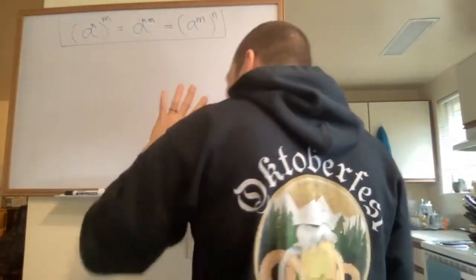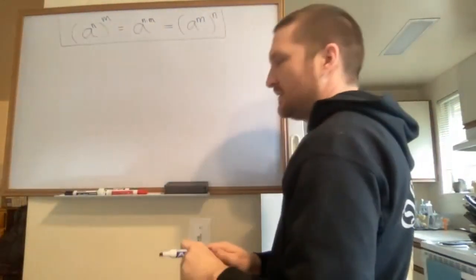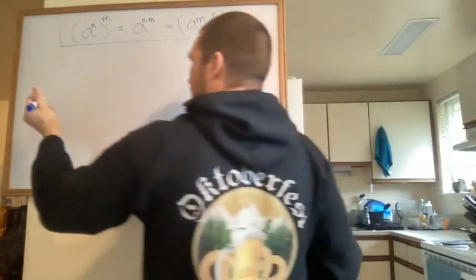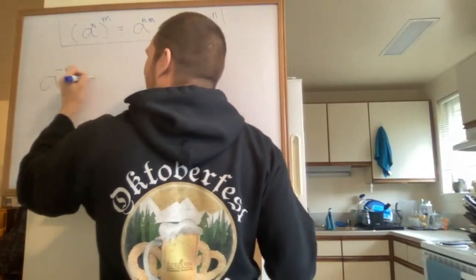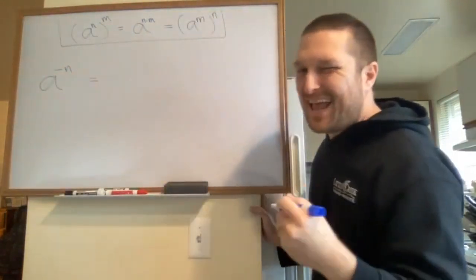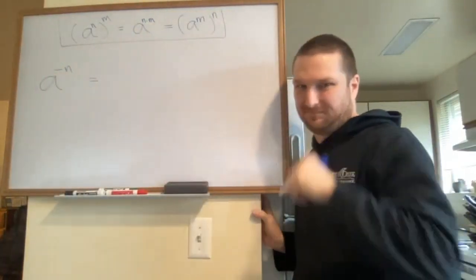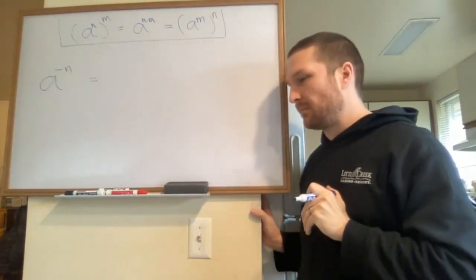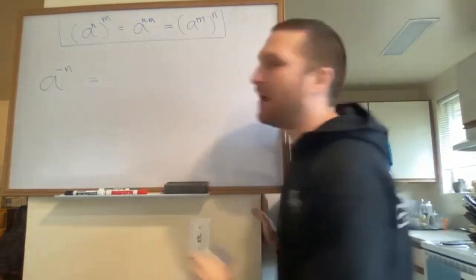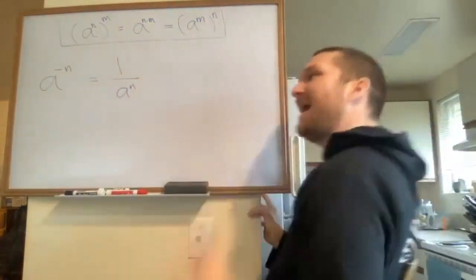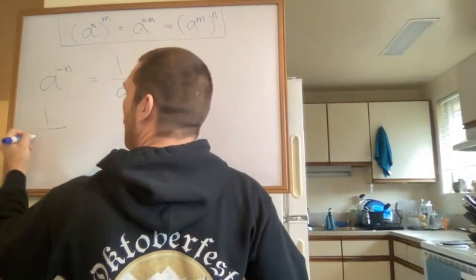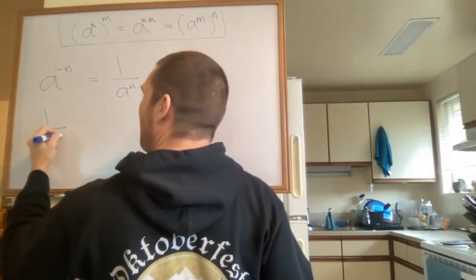Now, on a slightly different note, not really that different, but a to the negative n equals what? What does negative exponent mean? 1 over a to the n. There you go. Exactly. Right. 1 over a to the n. Now, what about, let's do 1 over b to the negative m.